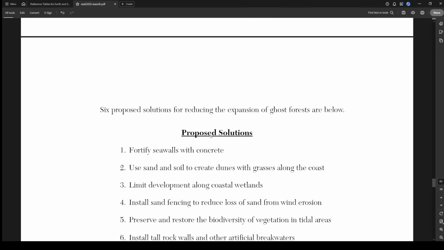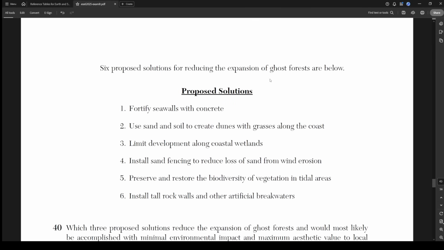Okay, 6 proposed solutions for reducing the expansion of ghost forests are above. So we want to prevent the expansion of ghost forests. Fortify seawalls with concrete. That could be a good thing to do because it's going to prevent the seawater from coming in. Use sand and soil to create dunes with grasses along the coast. That could also be good.